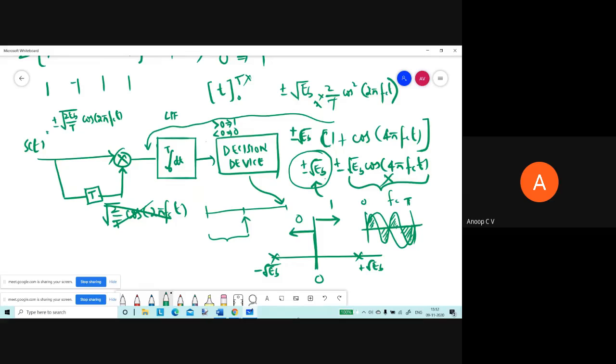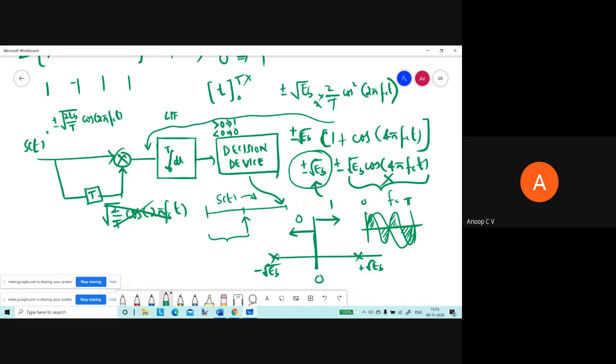So the first bit will be allowed as such. We know that is a reference bit. For the second bit, whatever be the S of t for the second bit duration, it will be multiplied with the previous symbol duration. Then it will be integrated. Then a decision is taken.